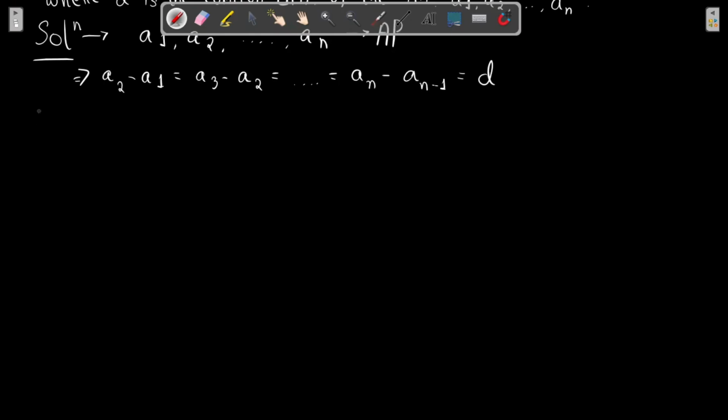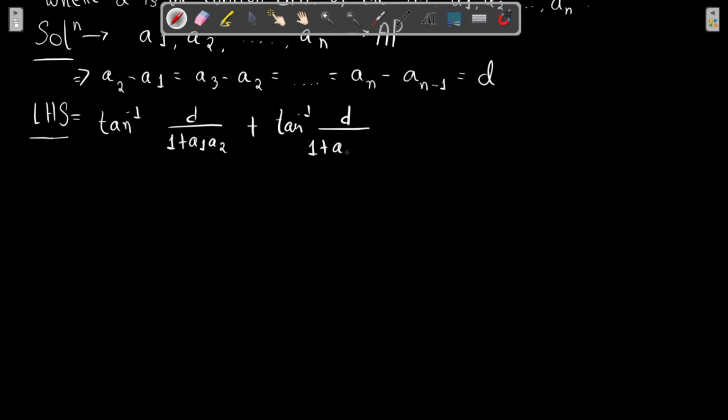Let us now start with the left hand side of the given question. The first term is tan⁻¹(d/(1 + a₁a₂)) + tan⁻¹(d/(1 + a₂a₃)), and this goes on up to the last term, which is tan⁻¹(d/(1 + aₙ₋₁aₙ)).